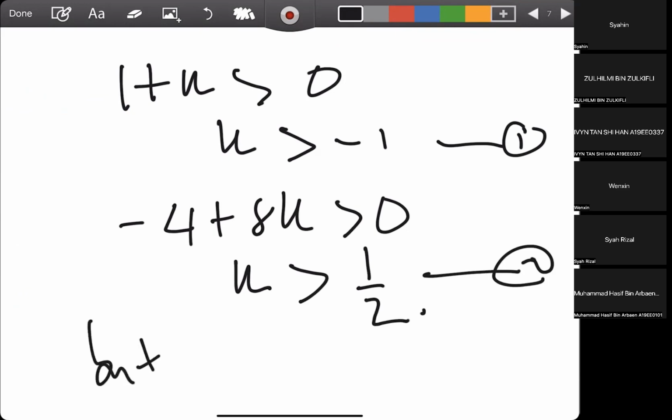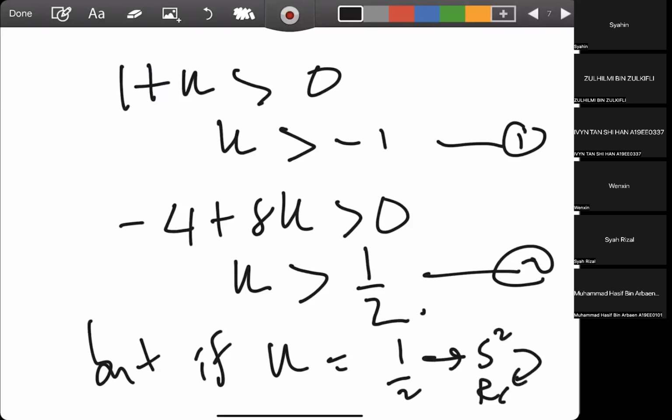But if K is equal to half, you will get a row of zeros.